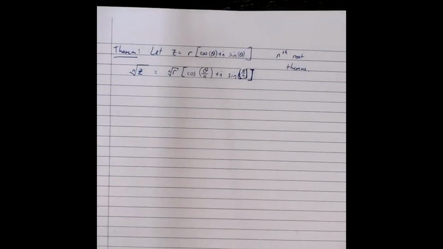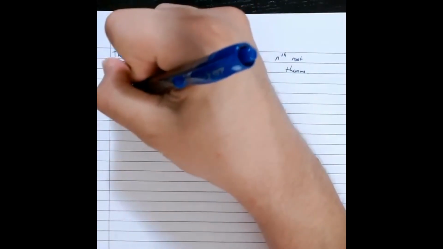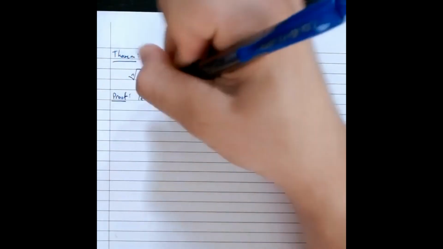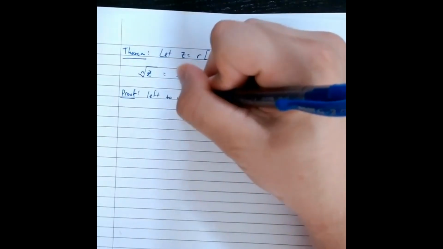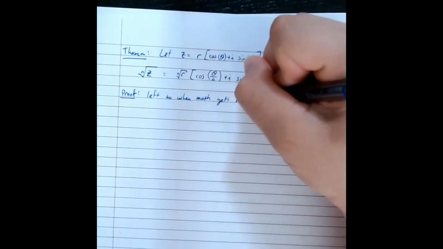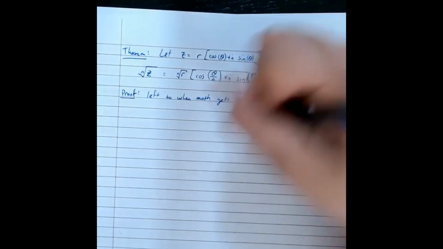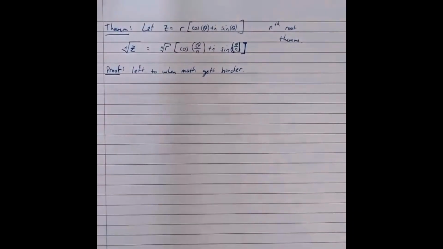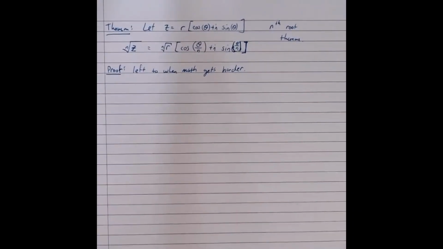So the proof of this would also be something left to a subsequent semester, left to when math gets harder. You say it gets harder? Well, a little bit, yeah. So we're going to forego the proof of that. That's something best left for later semesters, and let's just continue to see some examples.